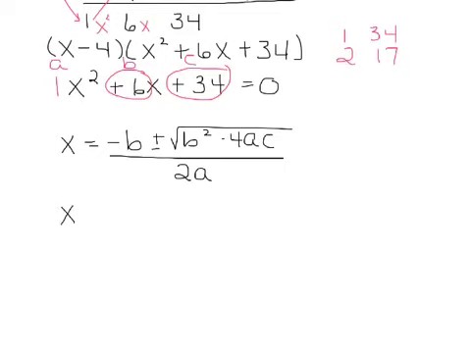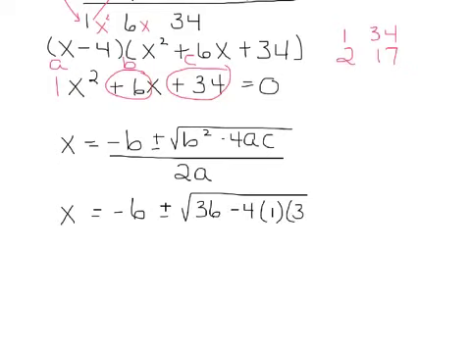So carefully putting the numbers into the formula, the opposite of b would be -6 plus or minus square root of 6 squared, which is 36, minus 4 times the a number 1 times the c number 34, all over 2 times 1, or just 2.